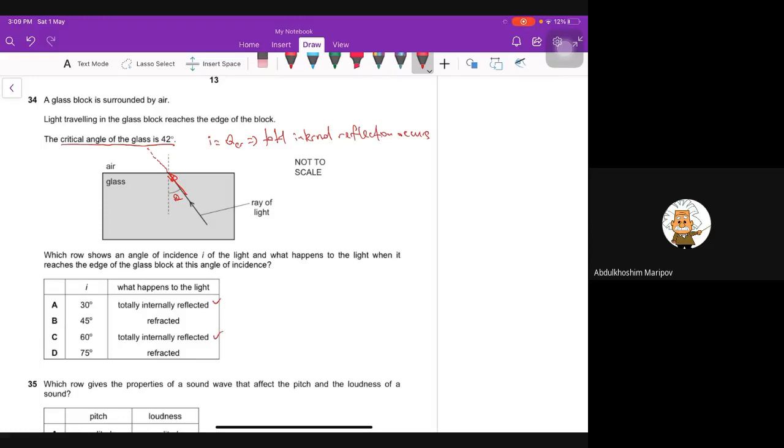So what could I be? I is more than 42, because the critical angle of the glass is 42.